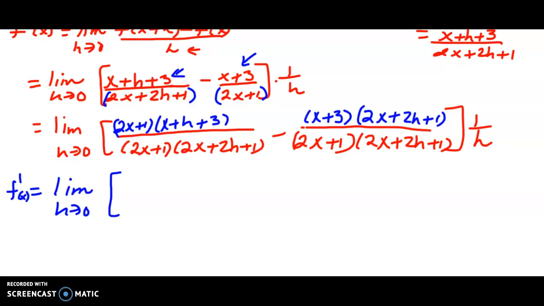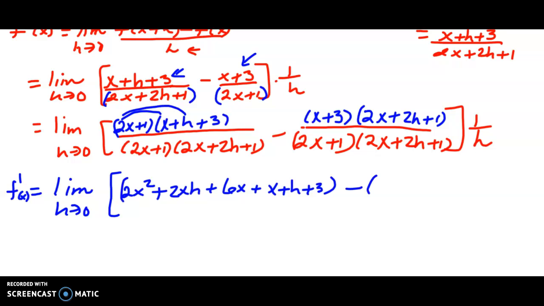Let's see what we get for our terms. When we multiply out, we're going to expand all our terms. We will get 2x squared plus 2xh plus 6x plus x plus h plus 3. That's your first numerator.